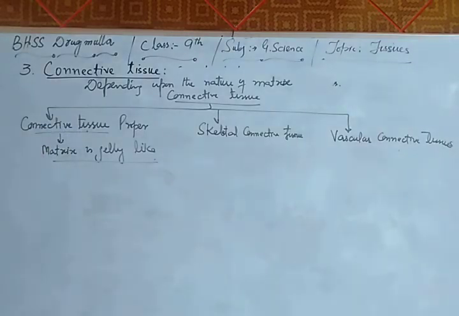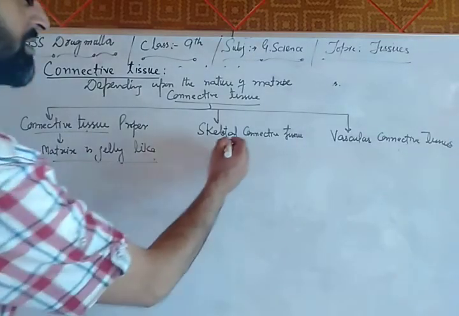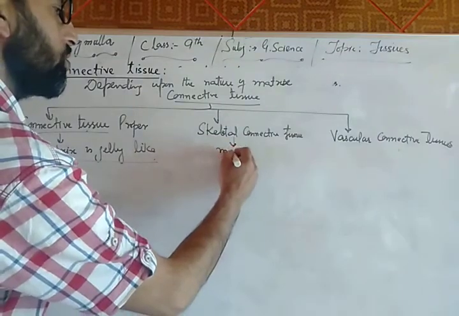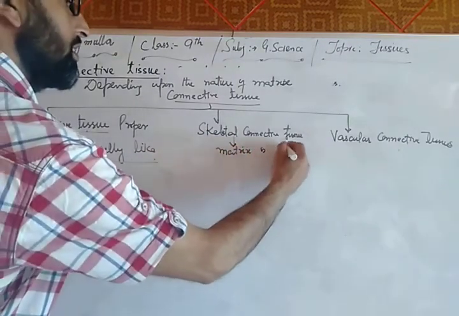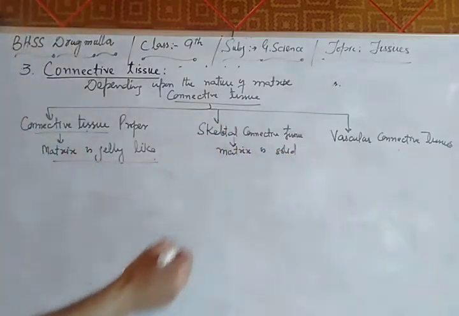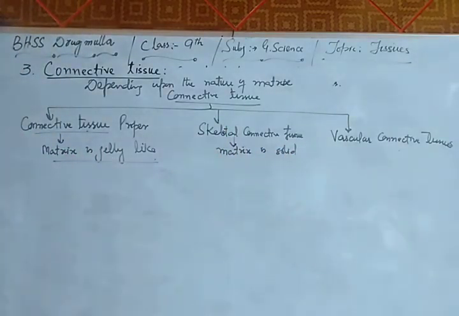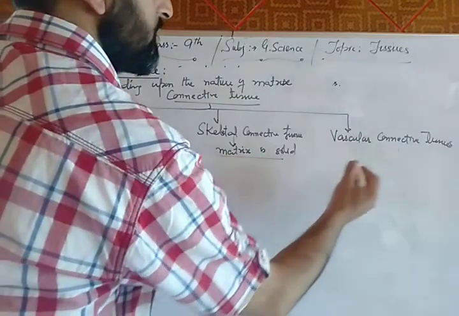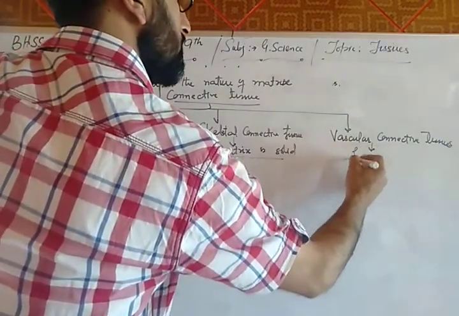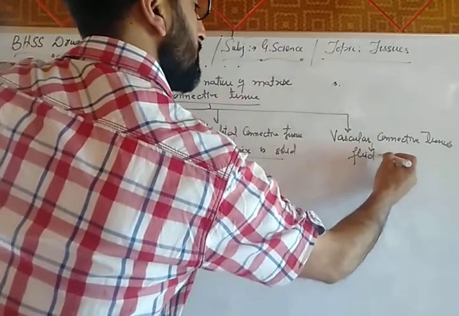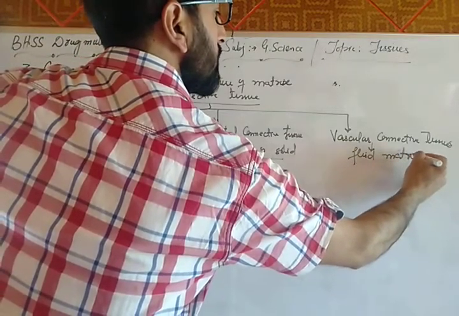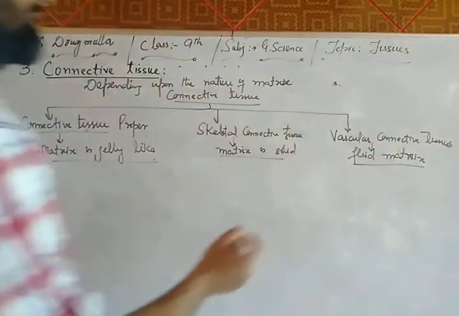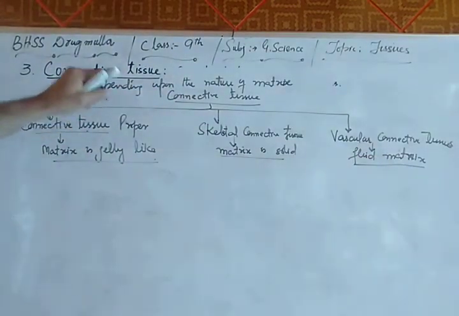And if the matrix is solid, then we call it the skeletal connective tissue. And if the matrix is fluid, then we call it the vascular connective tissue. So this is the main outline classification.